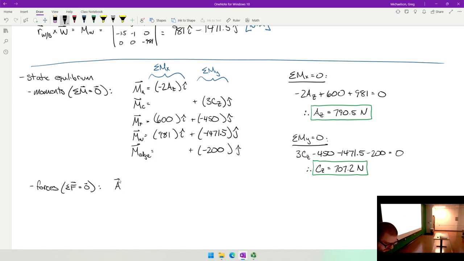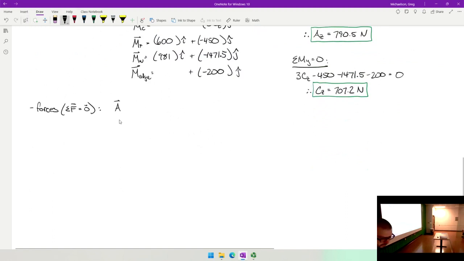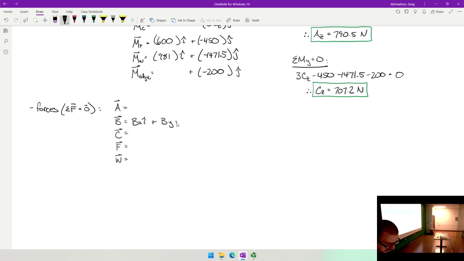We have A, B, C, F, W. Now, if you remember, B was the only one that had 3 components. The rest only had a component in the z direction.